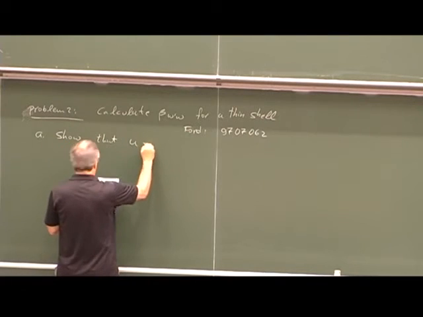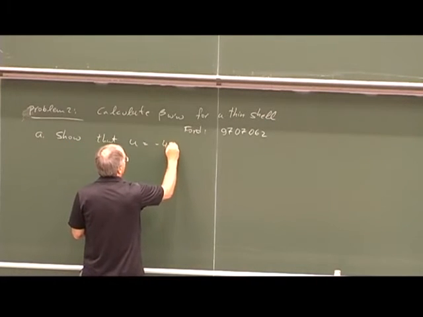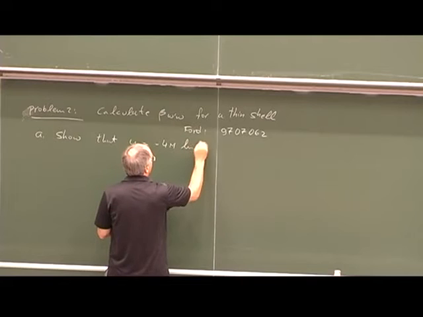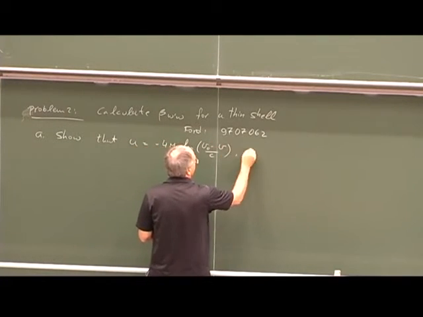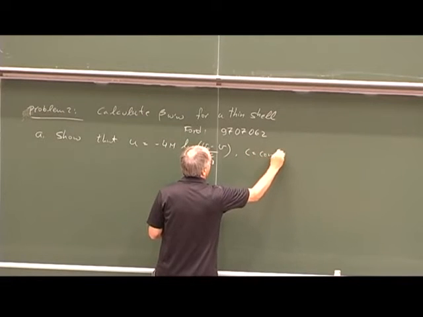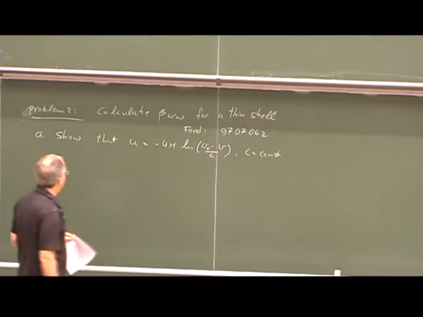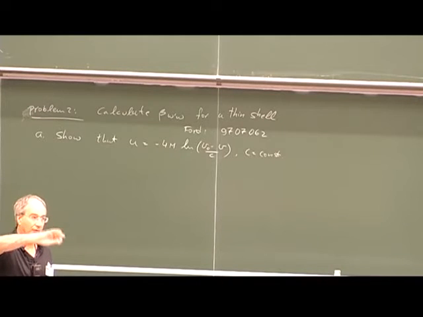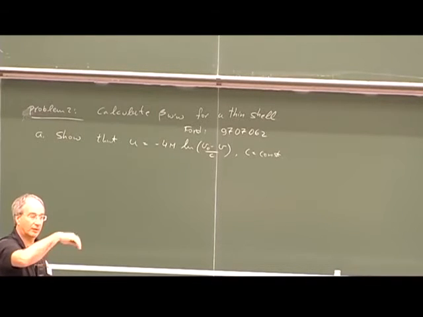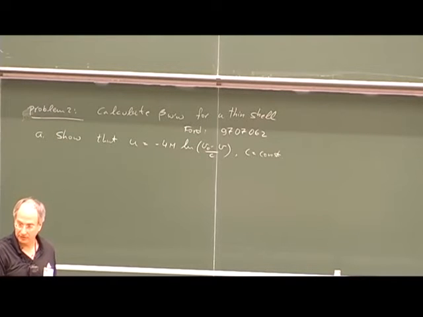Show that U equals this. Again, you should use ray tracing and connect the different coordinates as they go through the shell. And we are interested in V's that are close to V0.